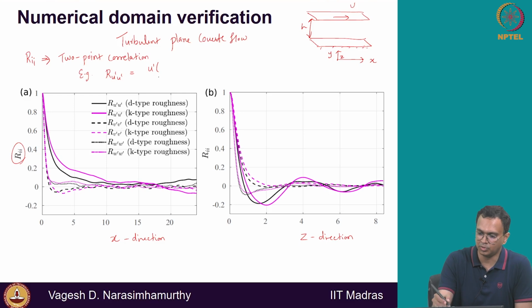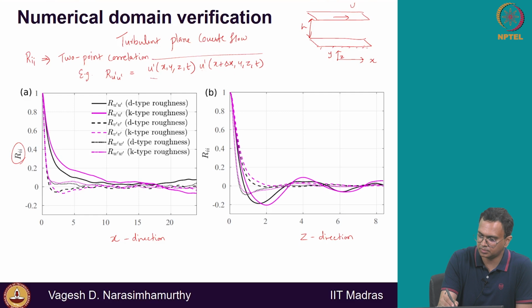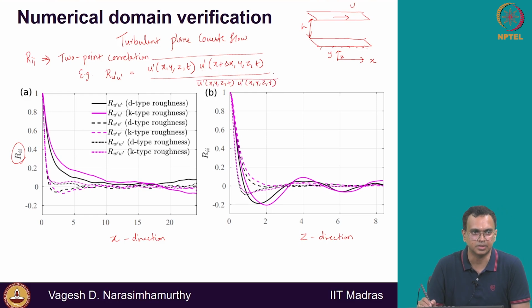So I define R of u prime, the correlation of u prime along the x direction, as the average of u prime of x, y, z, t times u prime of x plus delta x, y, z, t, normalized with the average of u prime of x, y, z, t squared, that means its own stress at that point.